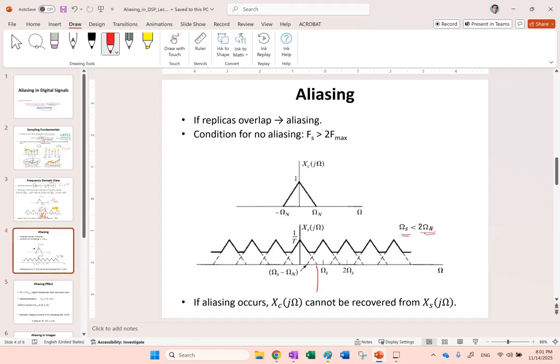So this time, this is omega n, and this is omega n, and this is omega s, and you can see that omega s here, which is this one, is less than these 2 omega n's. There is this much of overlap this time. This is the overlap between them.